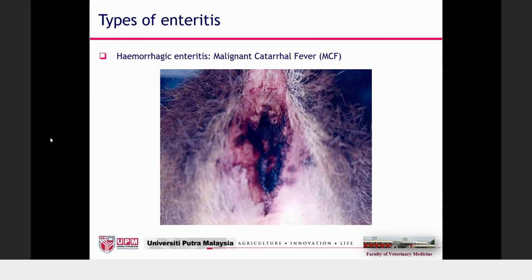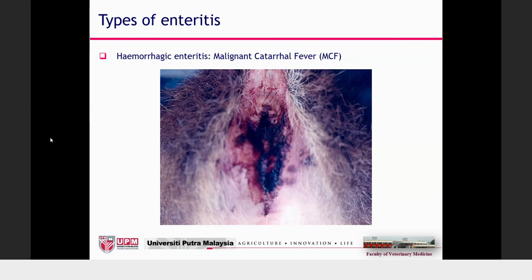And in this case, it is caused by a disease called malignant catarrhal fever. And this malignant catarrhal fever is due to herpesvirus infection. And this is in deer animals. Deer are highly susceptible to malignant catarrhal fever.